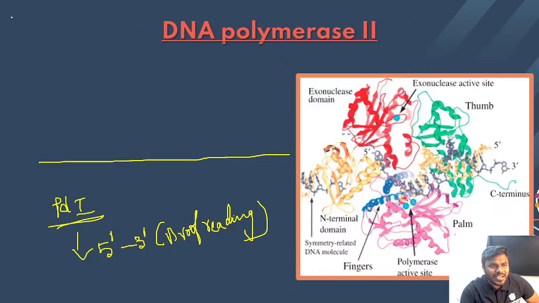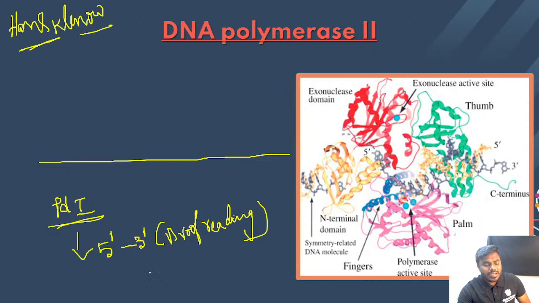There is a scientist named Hans Kleno. He wanted to understand why the DNA polymerase 1 only does this particular kind of function, and why polymerase 2 and 3 do not show this function. He got that doubt.